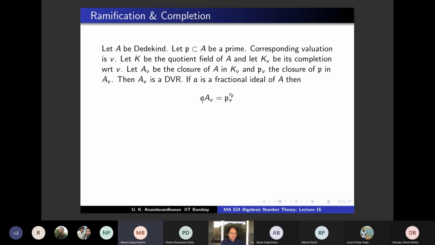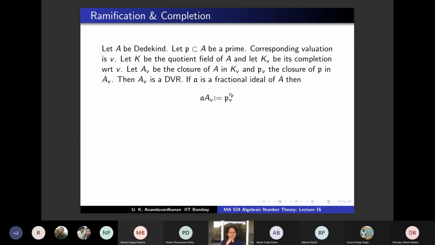Take an example. Take Z, where everything is principal. Take an integer. Take 2. So the question is, what is 2 times Z_P? It will be just the ideal generated by 2, so there the exponent is 1. Now take 4. What is 4 times Z_P? It's the ideal generated by 4 in Z_P.